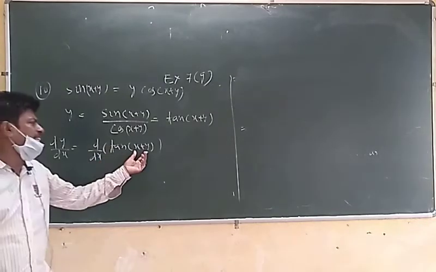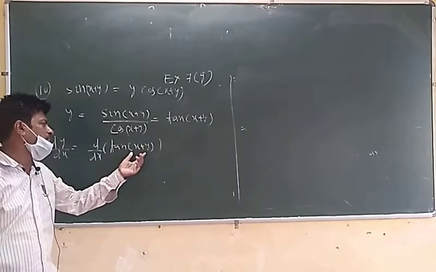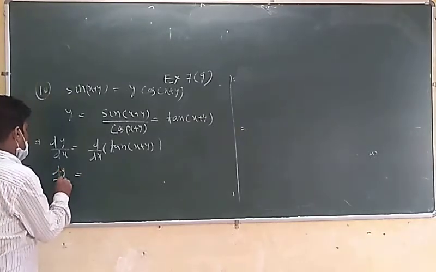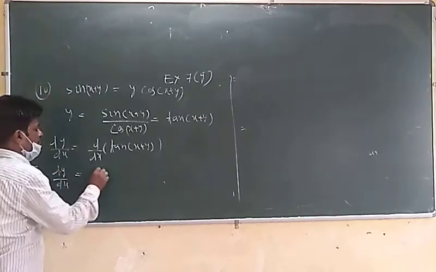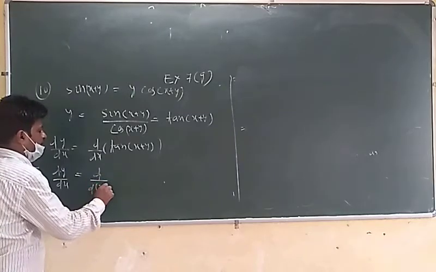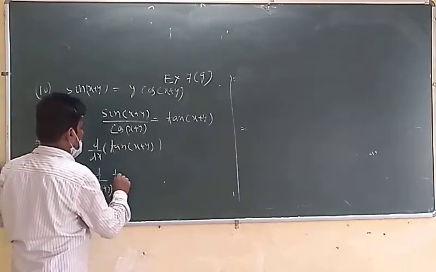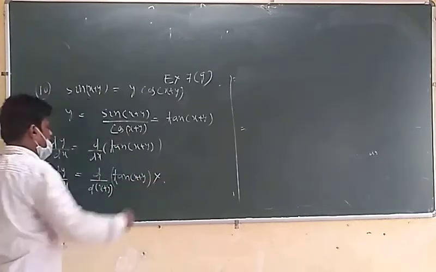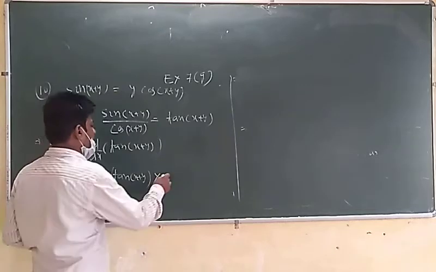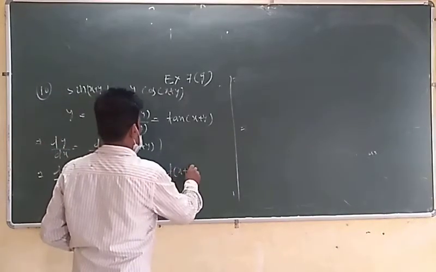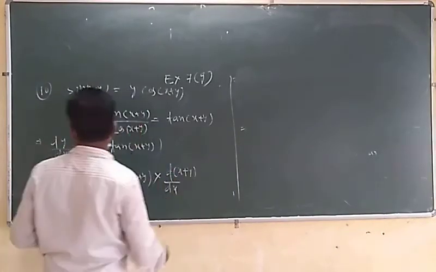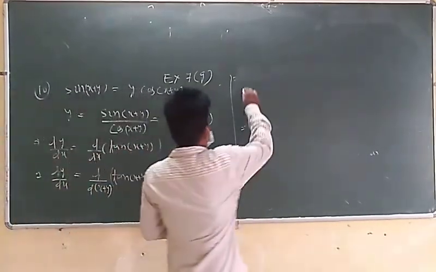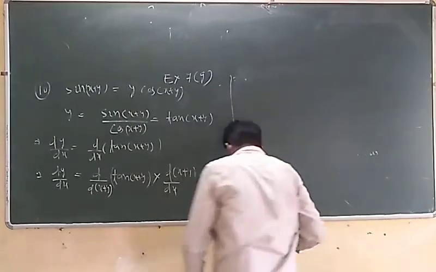Using the chain rule, taking x + y as t, we get d/dt of tan(x + y) multiplied by d(x + y)/dx. Look, there is no change on the left side, it is simply dy/dx.